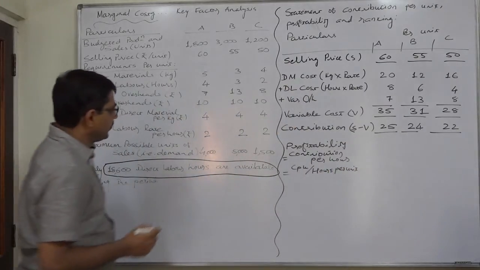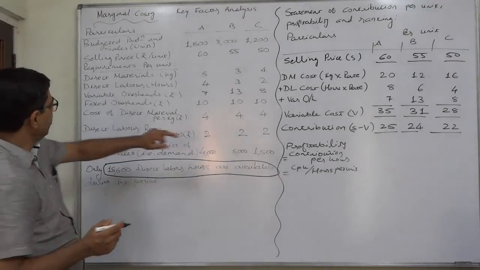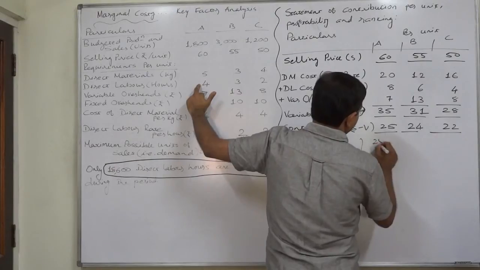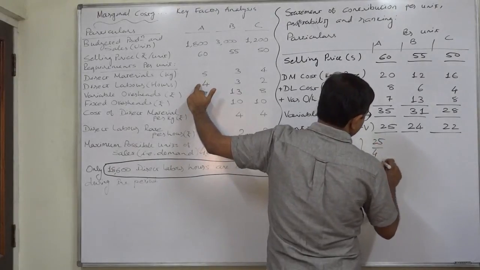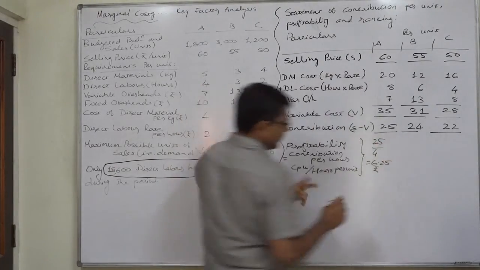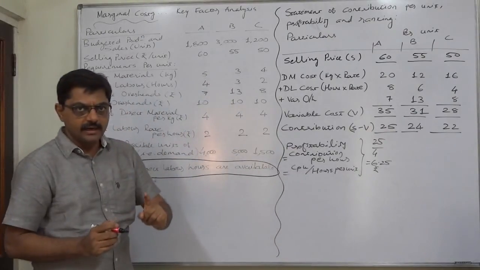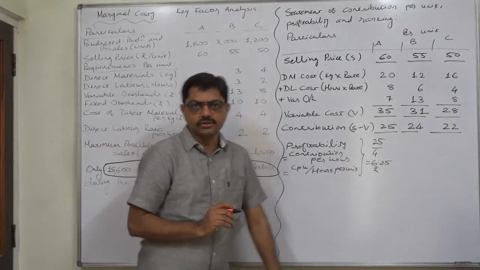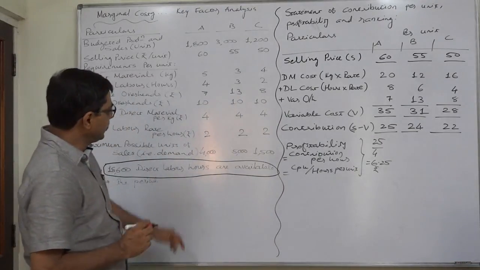In case of A, contribution per unit comes to 25 and hours 4. So 25 by 4, it comes to 6.25 rupees. That means if we use one labor hour for product A, an average contribution of 6 rupees 25 paise is generated.